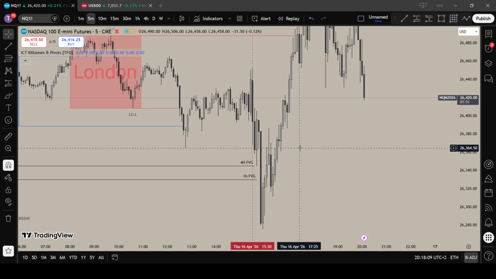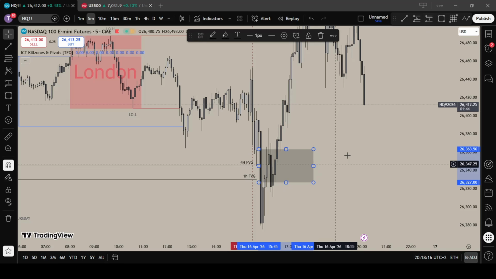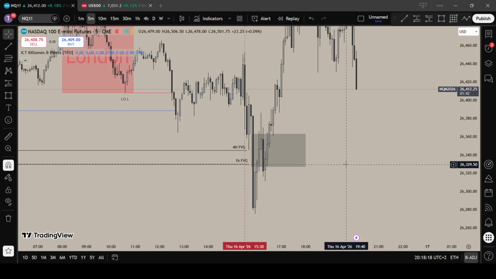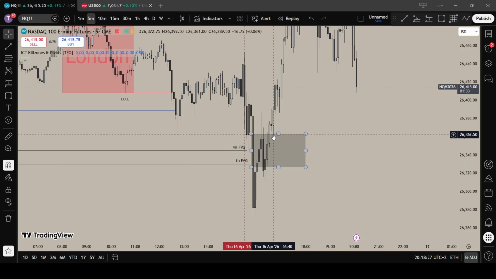And now what we can clearly see is that we left this big imbalance over here that needs to be inversed if we want to take longs. So okay, cool. We continue to go up.